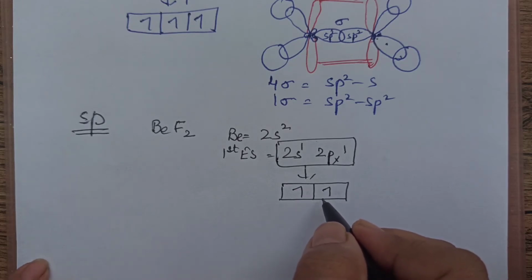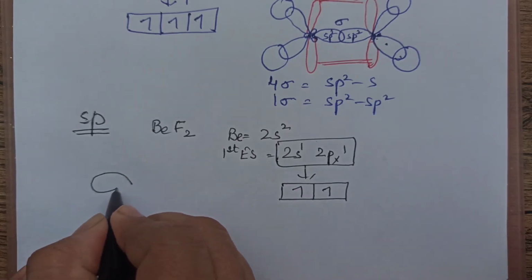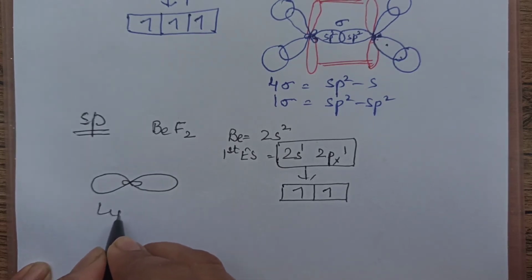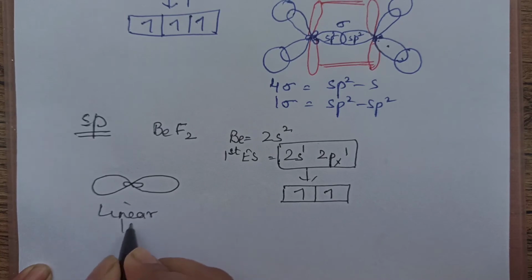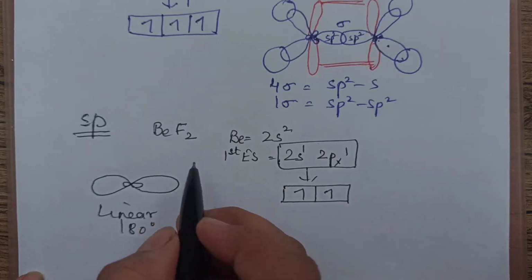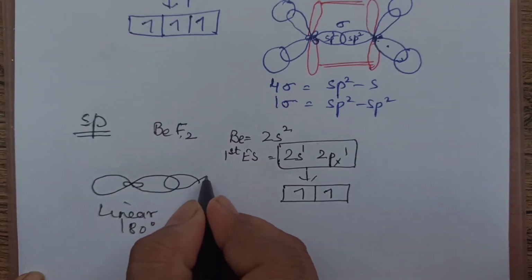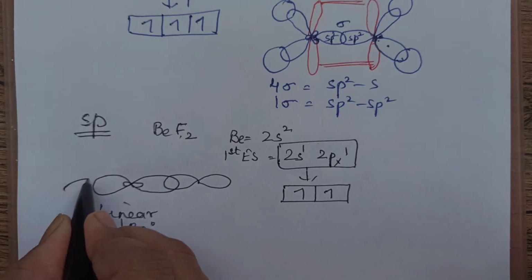And how should 2 sp orbitals be arranged? 2 sp orbitals are always arranged in a linear manner, and the angle is 180 degree, right?